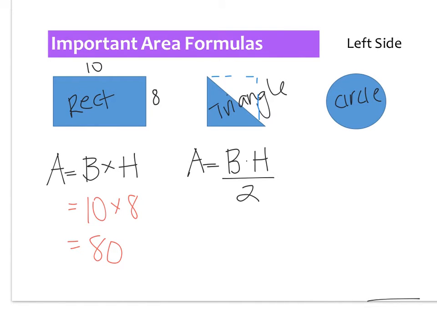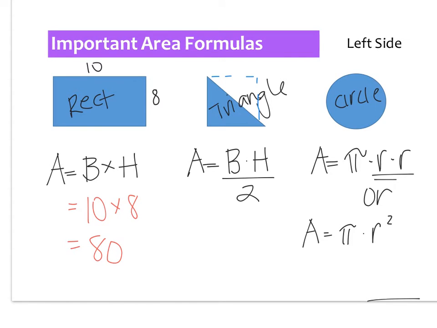And lastly, a circle, which we did last week, is pi times r times r. Or another way to write it is pi times r squared, meaning that we see r 2 times, okay? So we're not going to be using this area formula too much with composite figures, but it's still important for you to know and remember how to find the area of a circle.